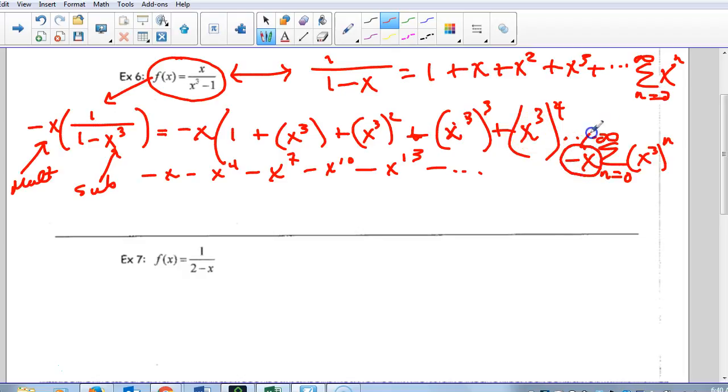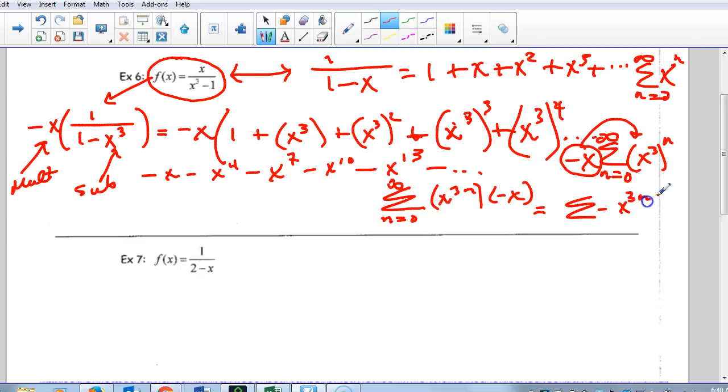And just like before, I can take this and multiply it in. So a middle step would be x to the 3n, and I'm going to multiply that by negative x, going from 0 to infinity. Notice that the negative is not being raised to a power. So that just becomes negative x to the 3n plus 1.